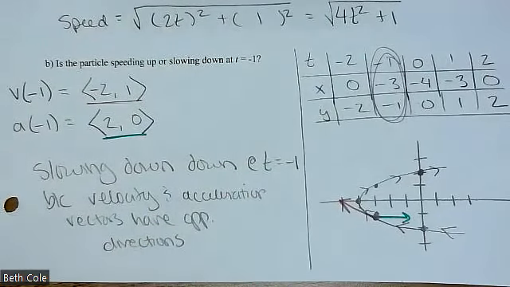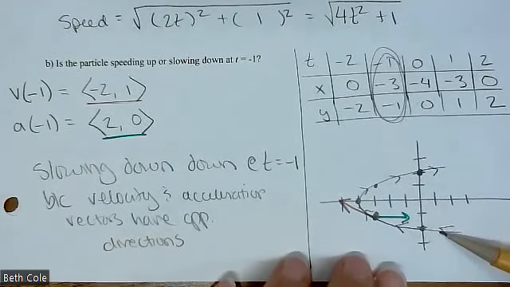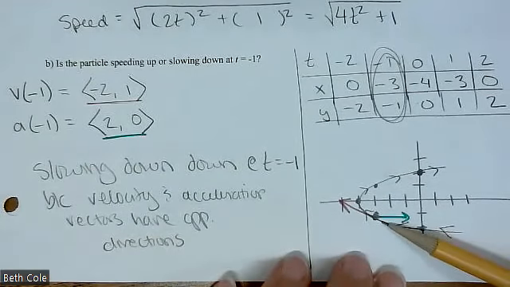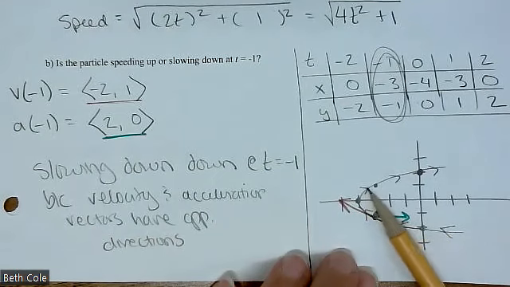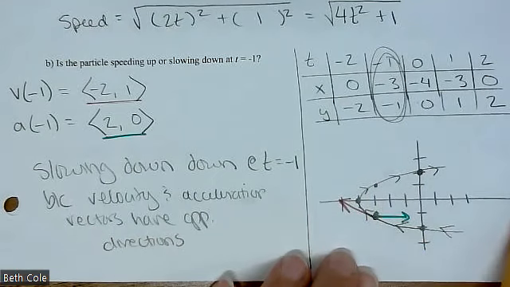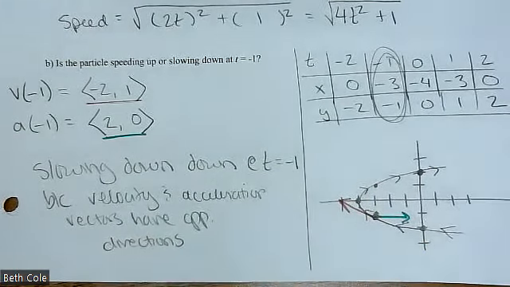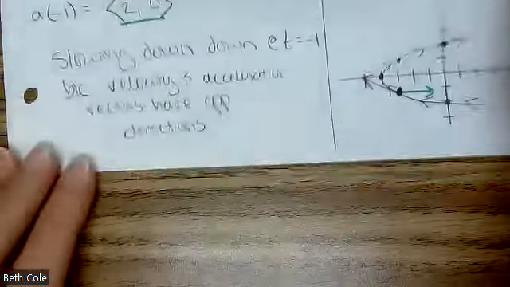And don't stop listening because I want to explain one other thing. It should make sense that it would be slowing down at that point because watch, as your particle goes along, what's it now going to do? Right. And in order to make a turn, you would, in theory, I guess, unless you wanted to tip your car over, you would have to slow down. Okay. And I'm just going to add one more thing.